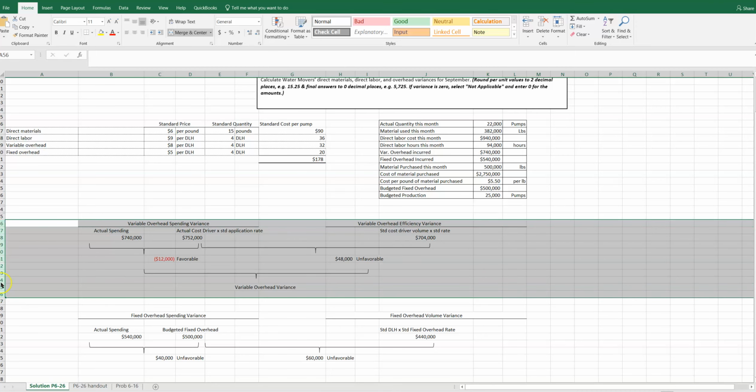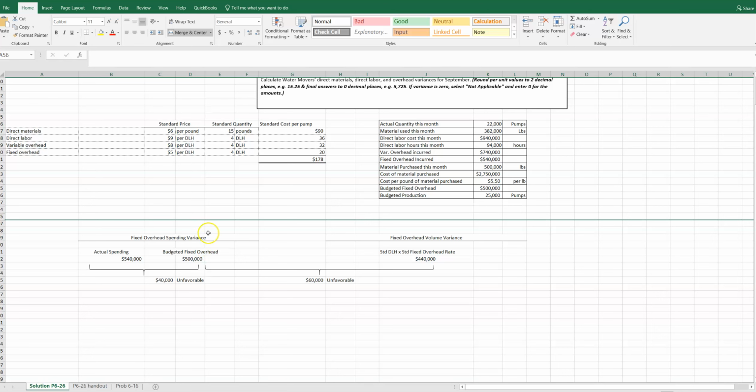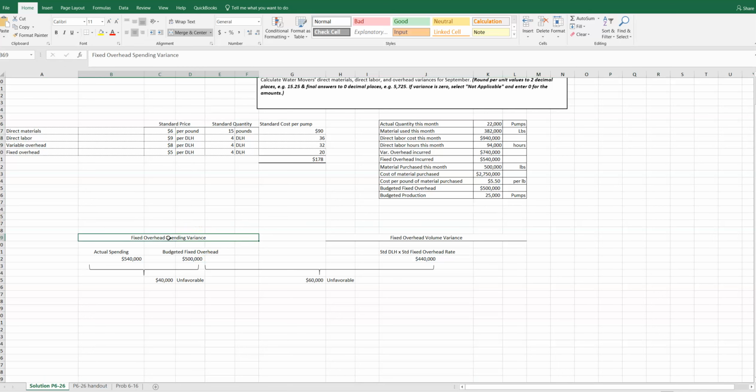Fixed overhead is a little bit different than the rest of them. Just like variable overhead is somewhat different, fixed overhead becomes weird to me. It is what it is. The actual spending they gave us was $540,000. The budgeted fixed overhead, the amount they expected to spend, is $500,000 right there. So we have an unfavorable variance of $40,000. Now we're going to compare this to the standard fixed overhead that would be applied.